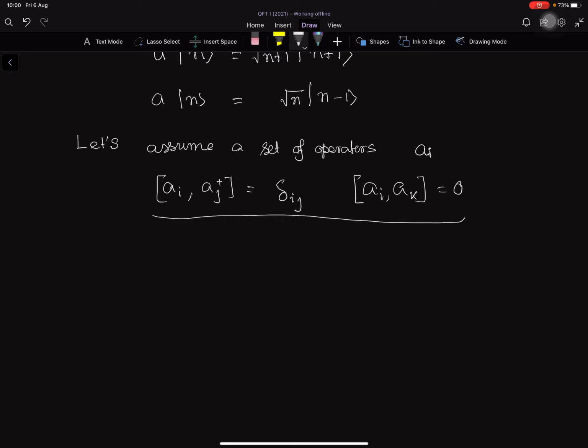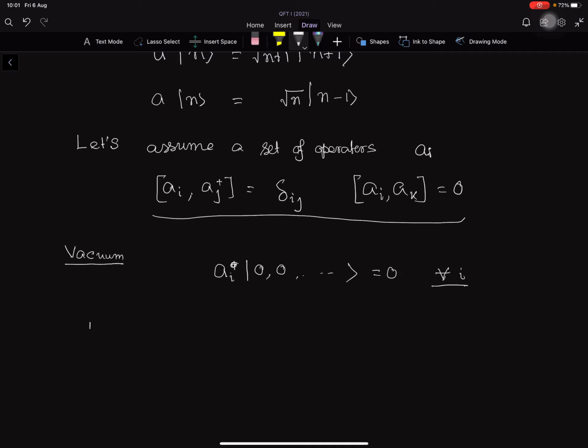Then we first denote the vacuum to be the state which is annihilated by all the annihilation operators. So all the annihilation operators annihilate this state.